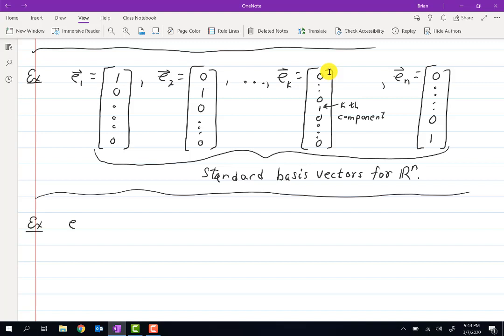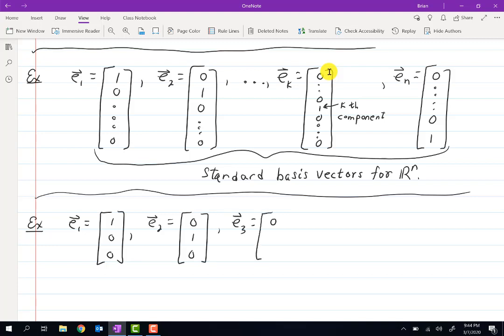Here we have E1 was 1, 0, 0, E2 is 0, 1, 0, and then E3 is 0, 0, 1. Now, linear independence is easy. Put these three together to make yourself a matrix, and you can see immediately that you have a diagonal matrix, it's invertible. You have 3 pivot columns, therefore it's invertible, whatever you want to do.